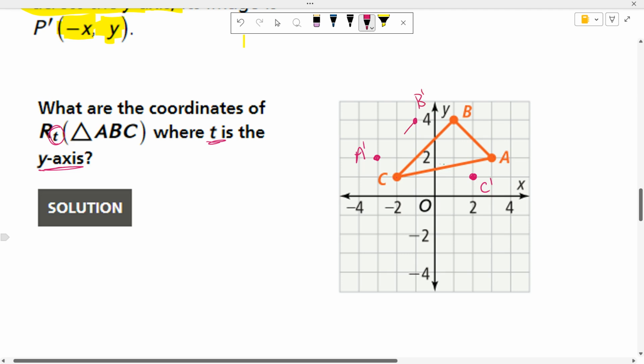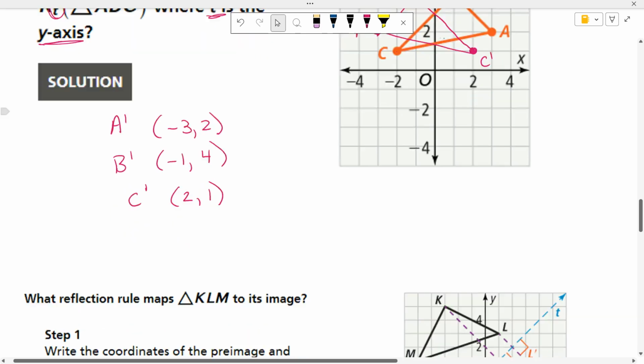But they want the coordinates. So A prime is at -3, 2. B prime is at -1, 4. C prime is at 2, 1. Okay? Easy peasy, lemon squeezy. Okay?